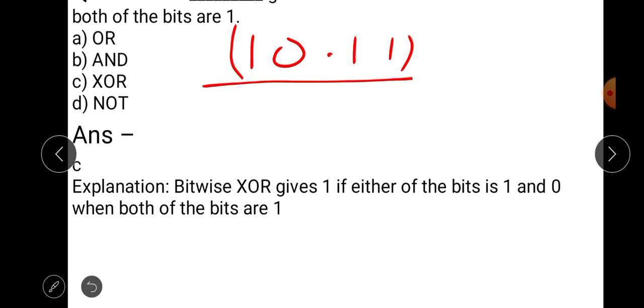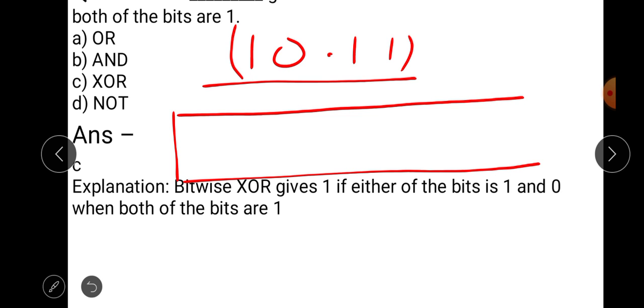So to convert this number, again we have to follow the same procedure with a little bit of changes. 10, write the decimal point here, and after that 11.